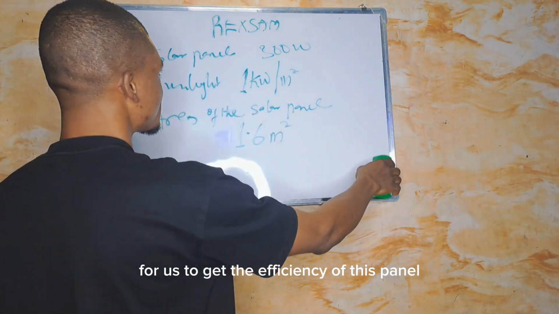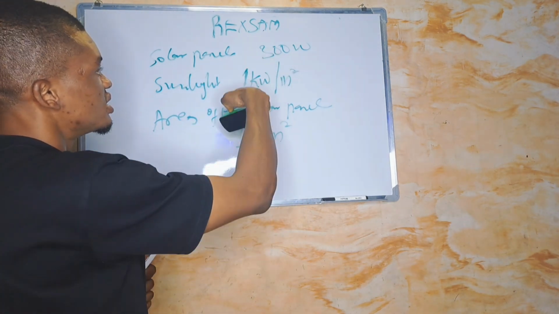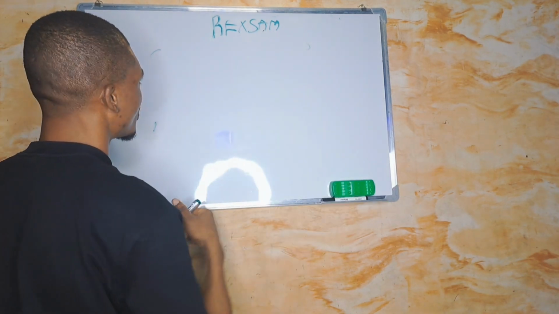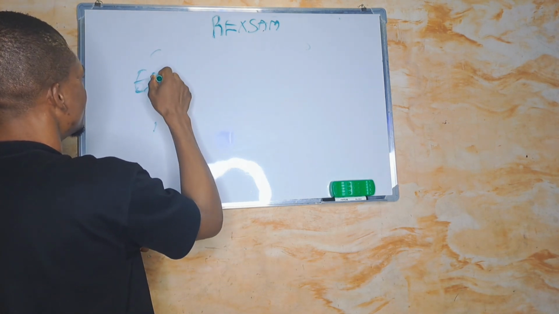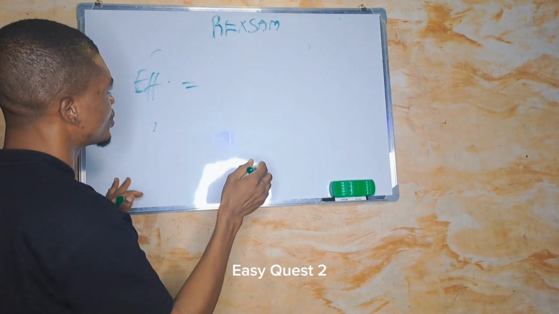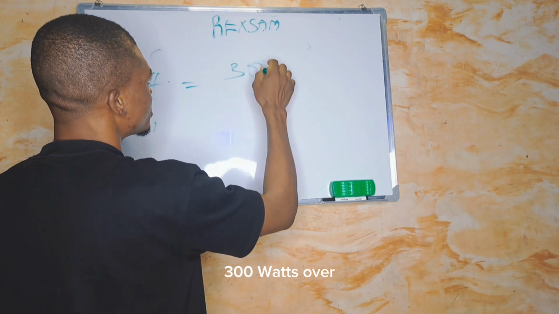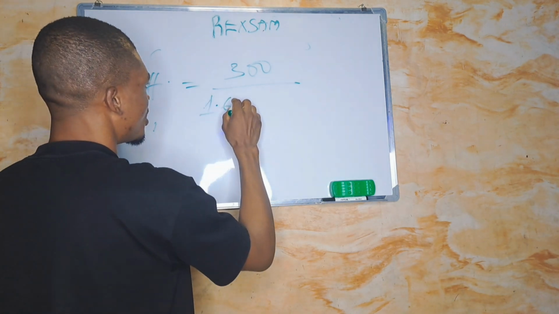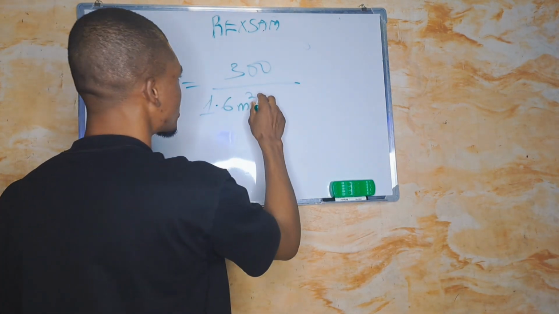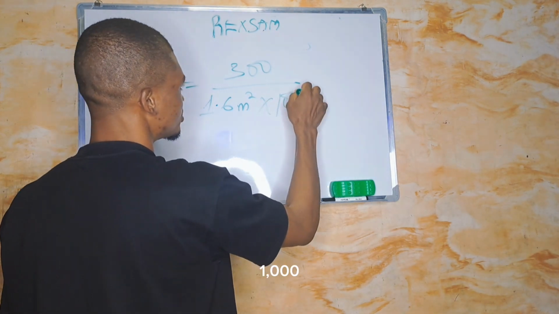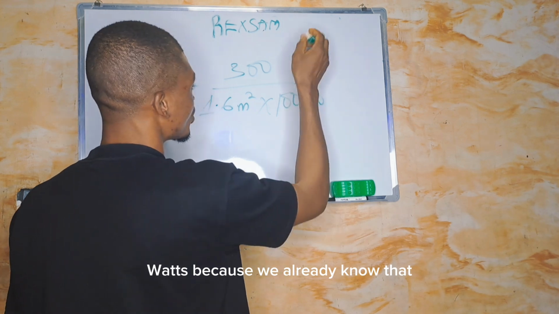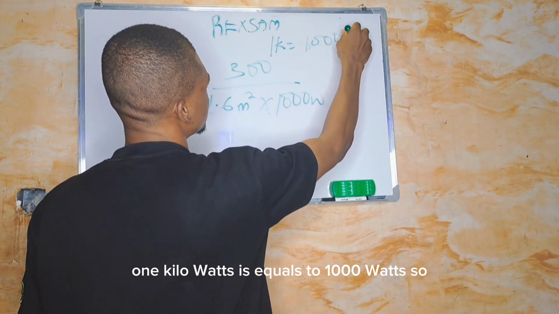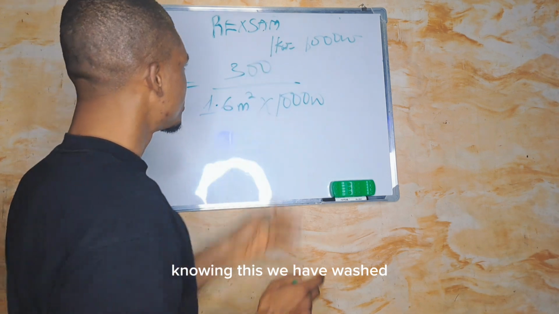Having noted this, what we are going to do is say the efficiency is equal to 300 watts over 1.6 meters squared times 1000 watts, because we already know that 1 kilowatt is equal to 1000 watts. So knowing this will help us.